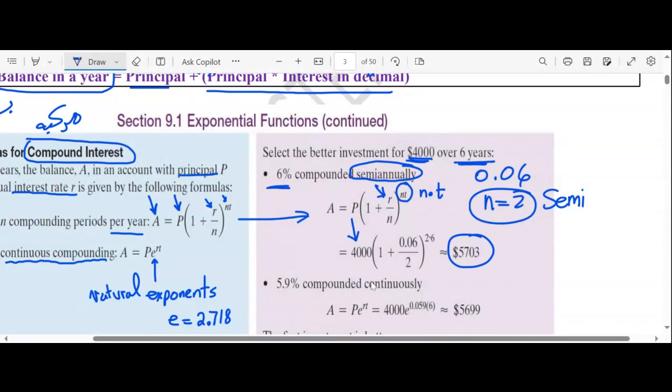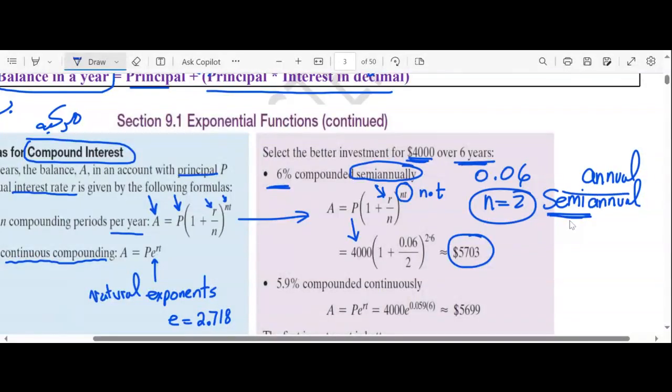So what's your final answer? 5,703. That's after 1 year compound. Compound what? Interest. Paid how many times? 2 times. Yes. Because it said semi-annual. Semi means half. If you say annual, what does that mean?